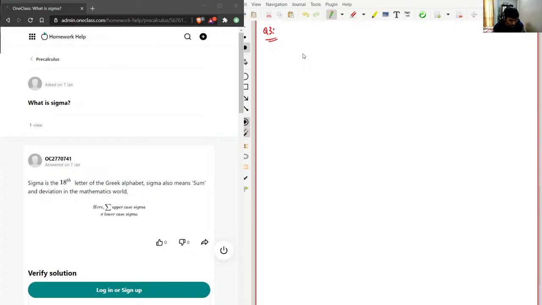So in the definition, I think they are telling about the sigma letter, and okay, so it is the sigma for summation. Here, I'll just read the line which was given by the Junior Tutor. So sigma is the 18th letter of the Greek alphabet. Sigma also means sum and deviation in the mathematics world.